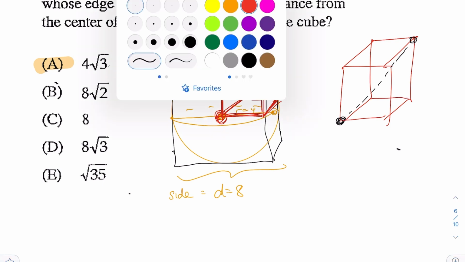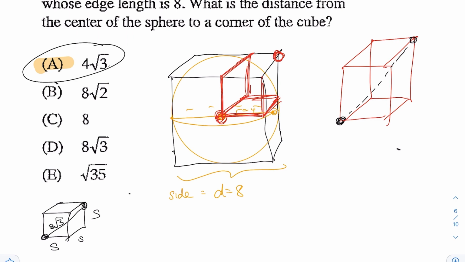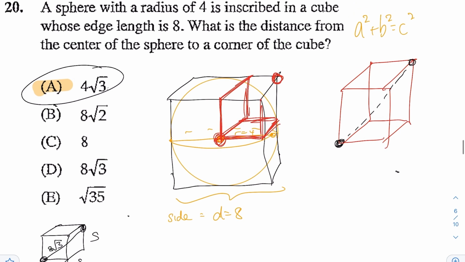And to do that, we can use this formula for a cube with a side length of s. The diagonal is always going to be s root 3. So the answer is going to be choice A if you know that shortcut. Now, if you don't, it actually turns into two Pythagorean theorems, which is a squared plus b squared is equal to c squared.